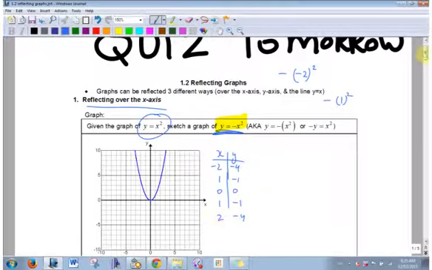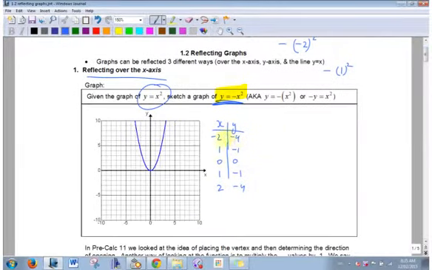So I'm just trying to use a different color, but I guess blue will be fine. -2 is -4, -1 is -1, 0 is 0, 1 is -1. And you can kind of cheat here and go, well, this thing's symmetrical, so that point's also going to be here.